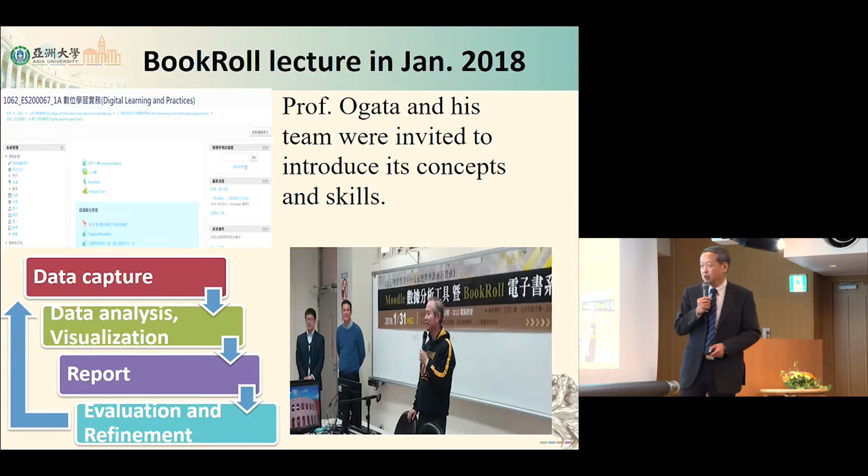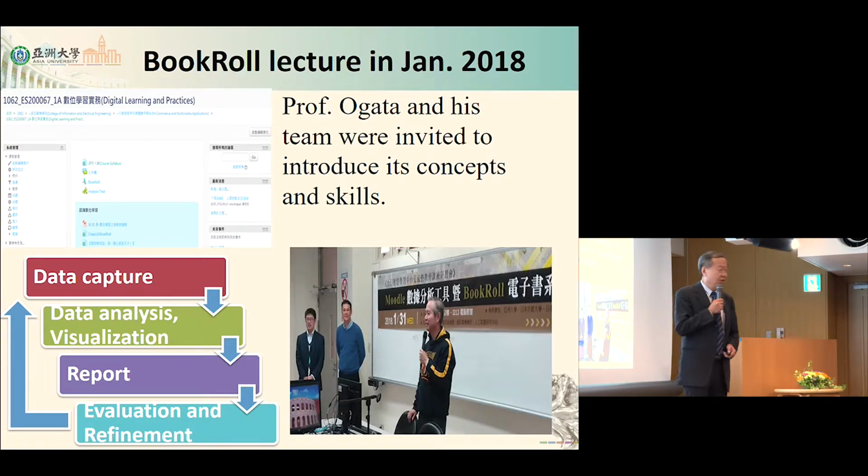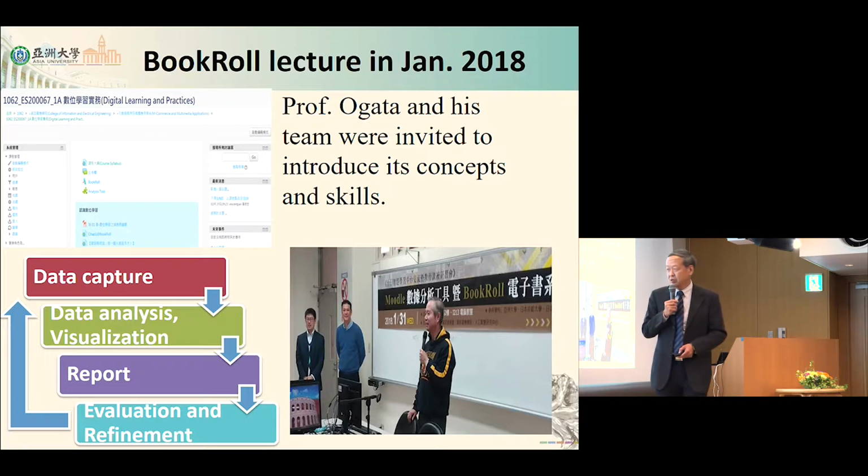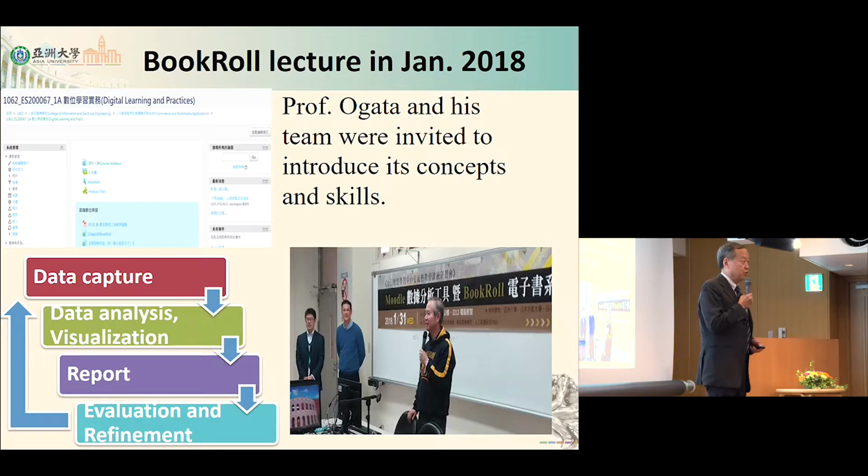Next, we do data analysis and data visualization using the dashboard and other data mining algorithms. Next, we generate a report with a reasonable interpretation. And finally, we can do the evaluation. We can evaluate and refine the result through group discussion.